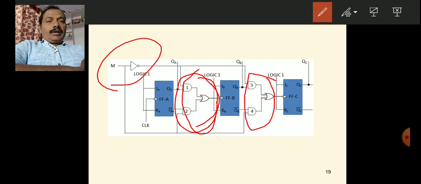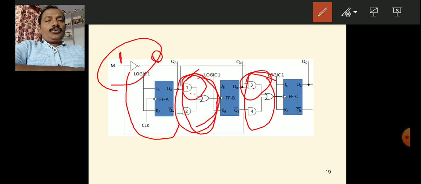For example, if the mode control bit is 1, the output of the NOT gate is 0. This 0 is going to all the upper AND gates, disabling the upper AND gates, and this 1 is going to all the down AND gates.